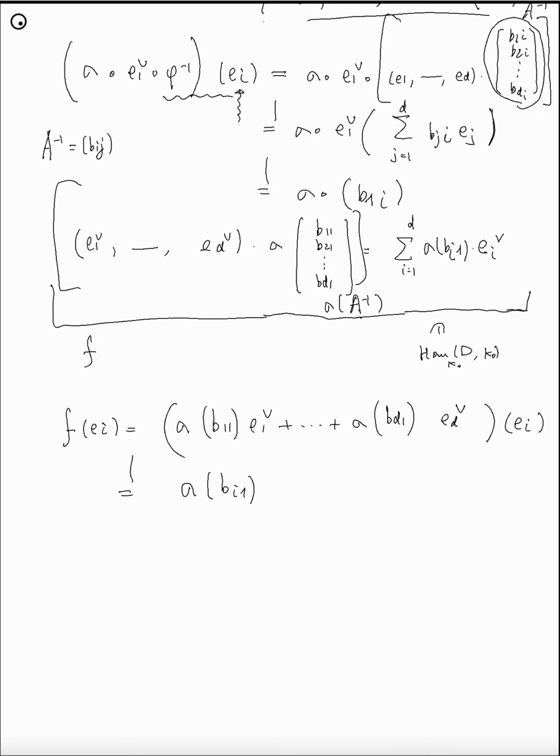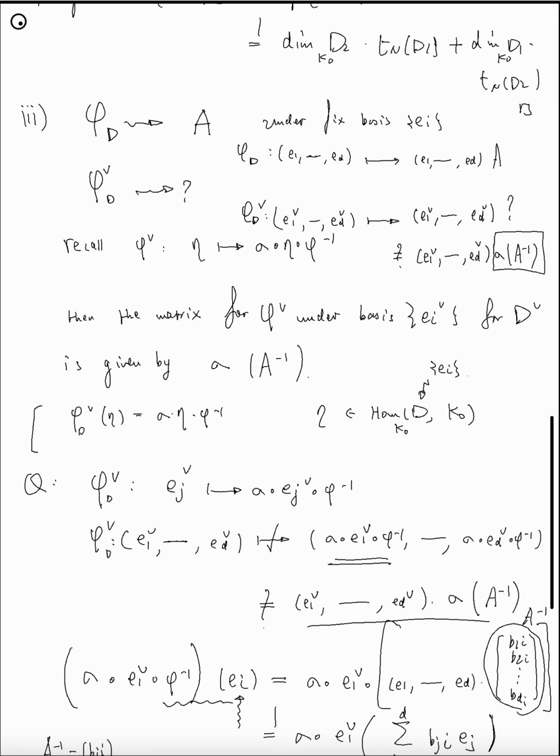Still you get a couple of elements in this dual space, AI1 E1 dual, for I from 1 to D. And when you evaluate this element on basis element EI, you pick out BI1, and so finally what you get is sigma BI1, not necessarily sigma B1I.